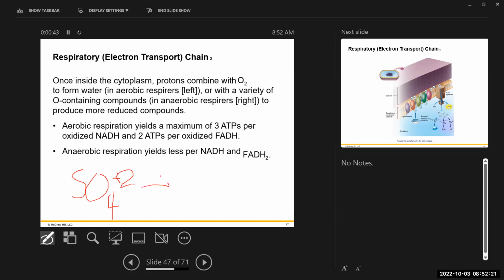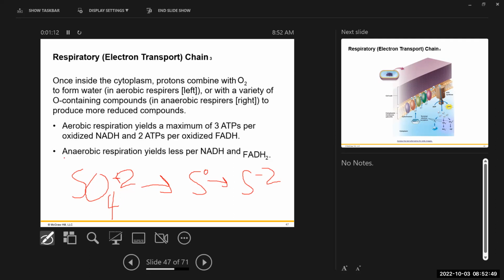And you reduce this either to sulfite, but more likely you'll reduce it to elemental sulfur. Or in some cases, if you reduce it all the way, you reduce it to sulfide, which is sulfur with a -2 charge. That's sulfate reduction. Sulfate reduction is exquisitely oxygen sensitive.